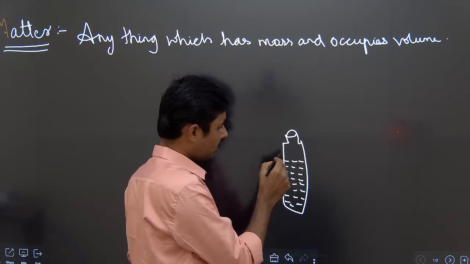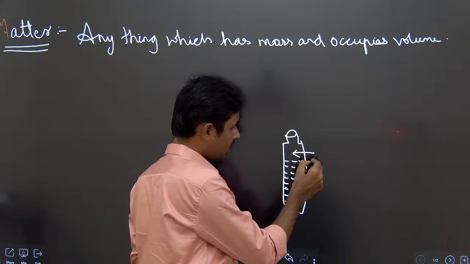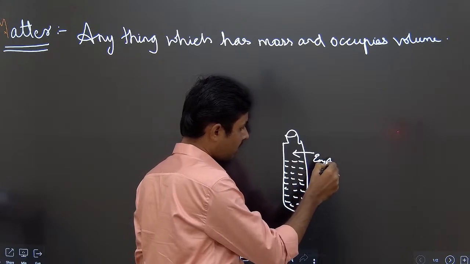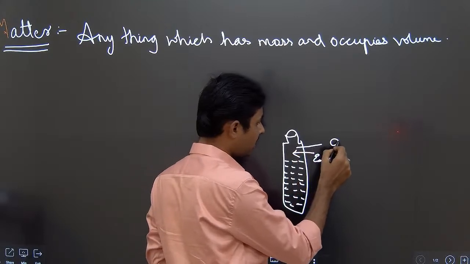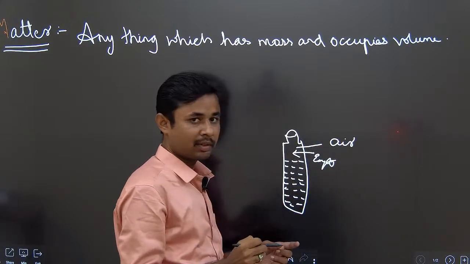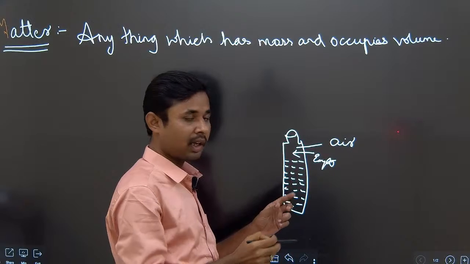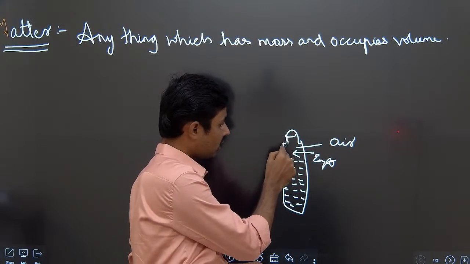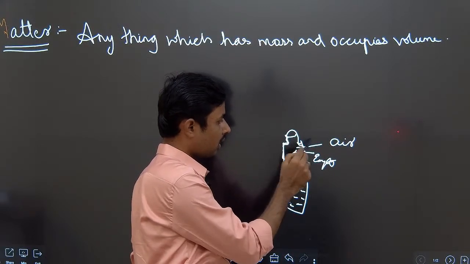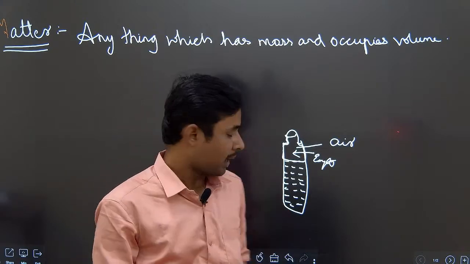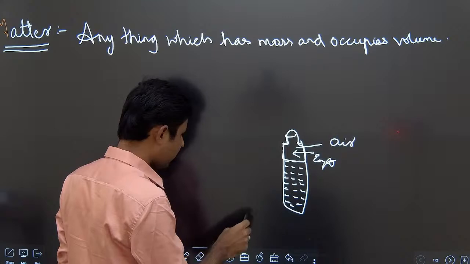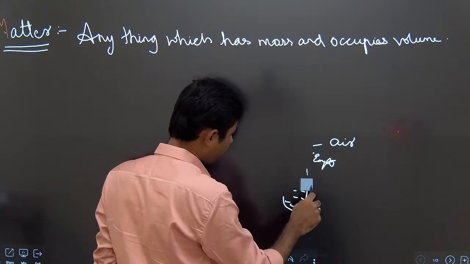Now if you look at the bottle, here there is empty space. Here also we have air. Air is also matter because it has mass and it is also occupying a volume.